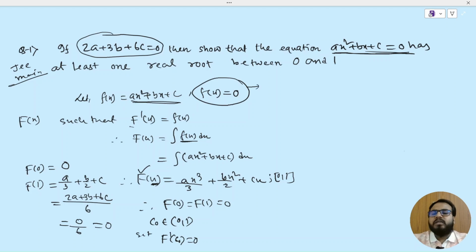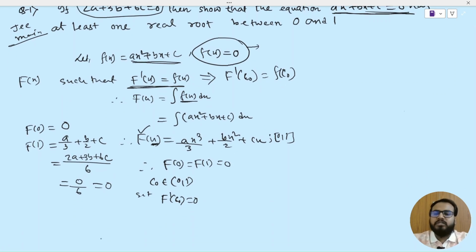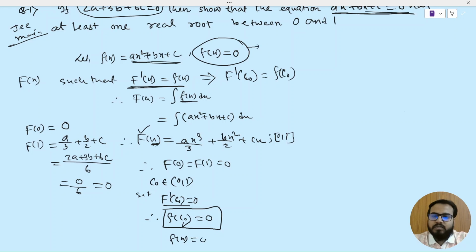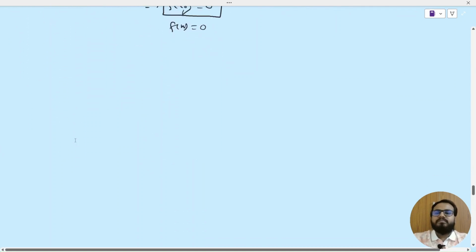Since capital F dash x equals small f of x, capital F dash c naught equals small f of c naught, so small f of c naught equals 0. This shows that c naught is a root of f of x equal to 0. Proved.